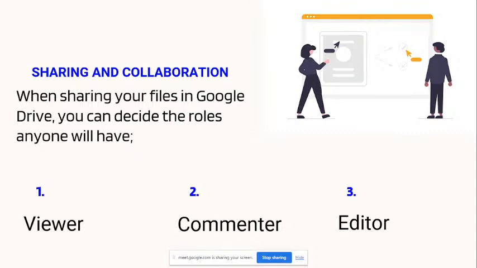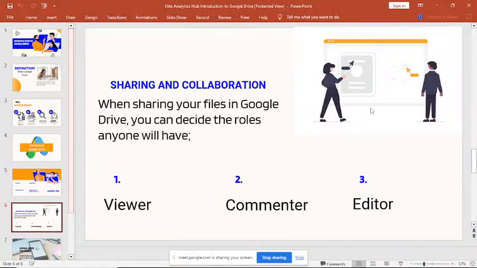As much as you are sharing your files, Google also gives you control over how you share them. There are three ways that you can share your file: as a viewer, as a commenter, or as an editor. To explain these, let us do it practically. I'm going to show you how to share on Google Drive now.